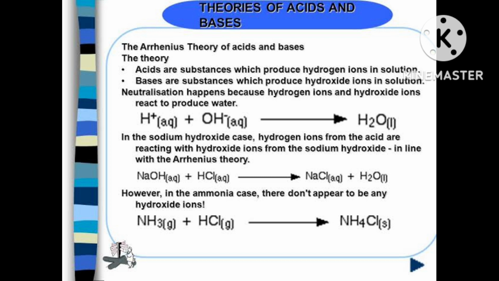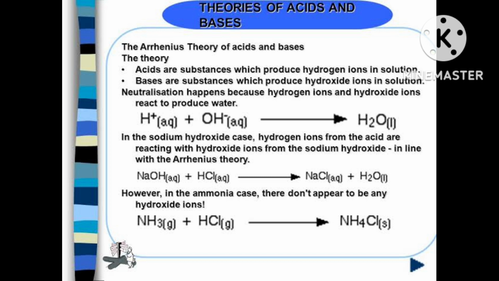H3O+ will donate, and because it is donating, at that time it functions as an acid, and H2O will take that hydrogen. Like that, when it donates, it is an acid, when it accepts, it is a base. Both are called conjugate acid and base.